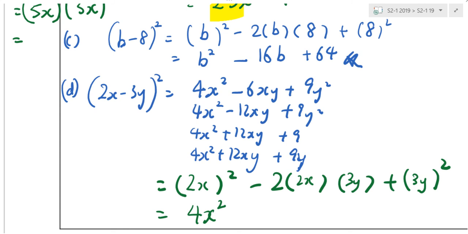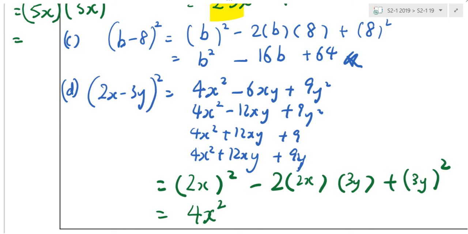Now let's say I don't want to write it this way. Can I write this way? The answer is still the same. I show you a square minus 2ab plus b square. It is the same. But what is different is over here this is a plus, which I don't want you to think of as a plus.